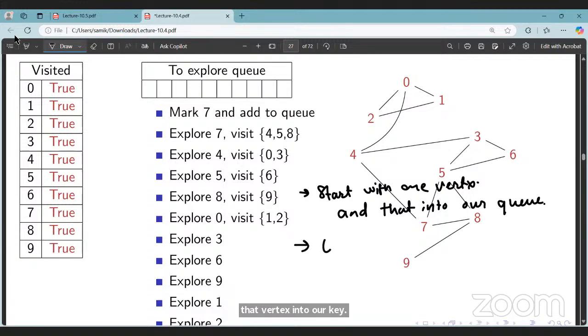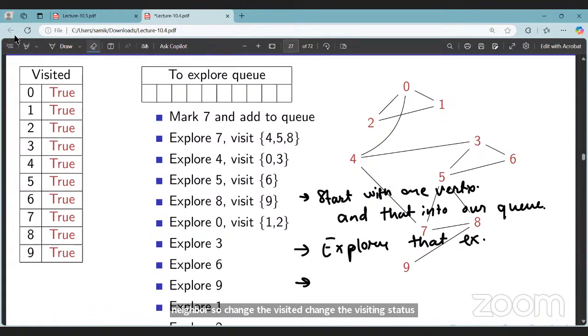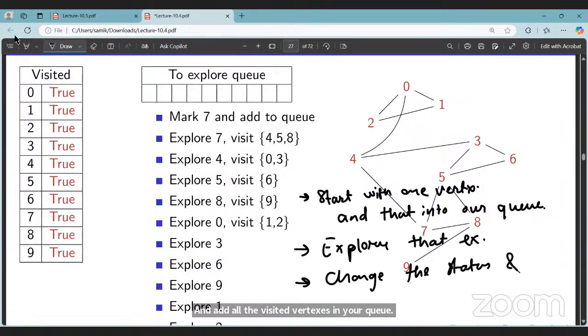Now explore that vertex. Exploring that vertex means you have to visit its neighbors. So change the visiting status and add all the visited vertices into your queue.